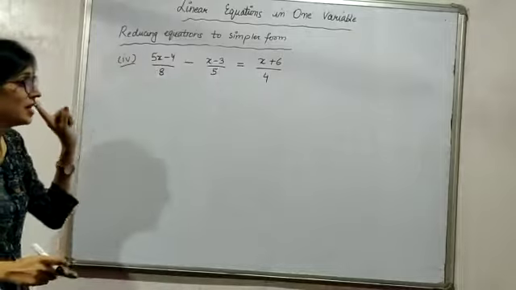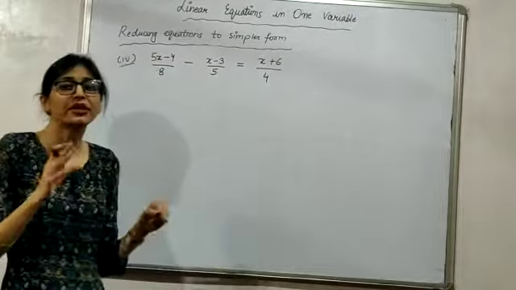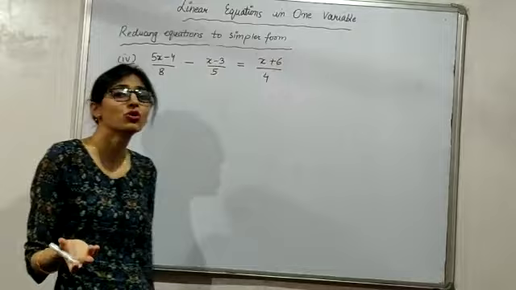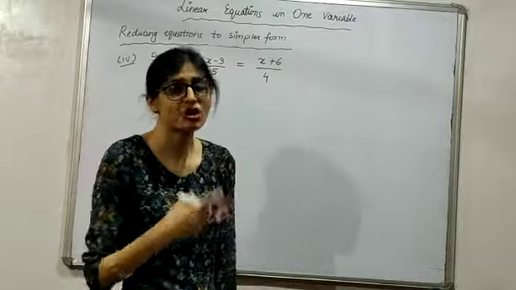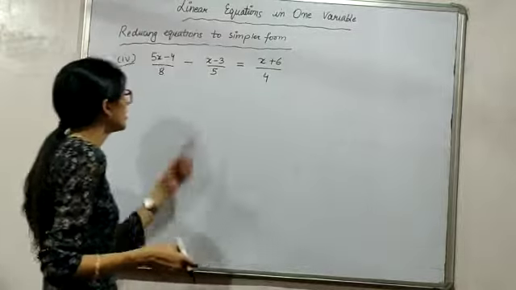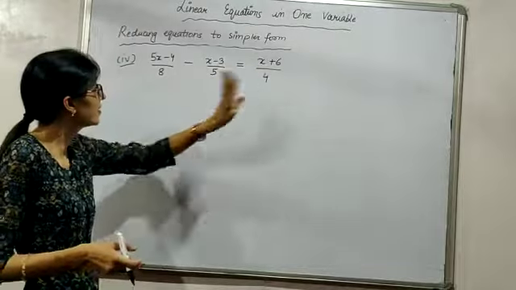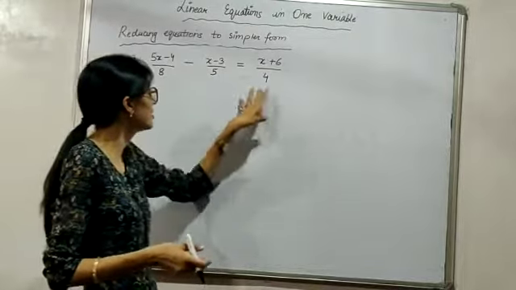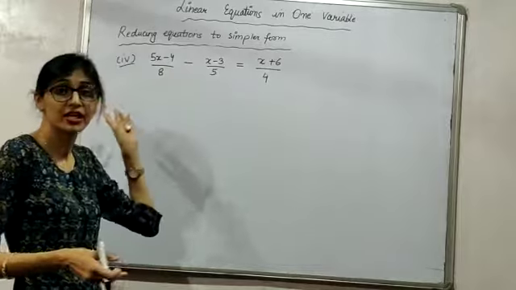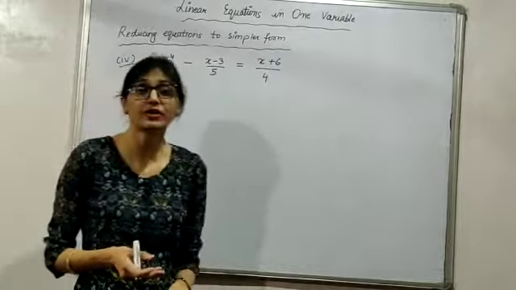Now, I am trying to solve each and every type of question so that there will be no difficulty for you while solving these types of questions. So the fourth type is when there are different numbers in division. There are two numbers on the left hand side, there is one number on the right hand side.